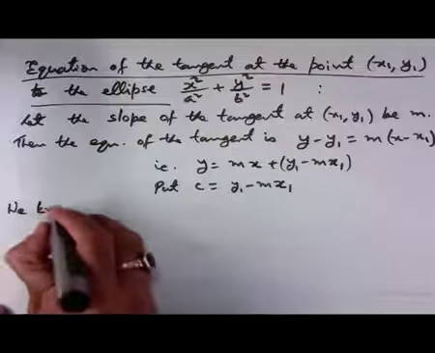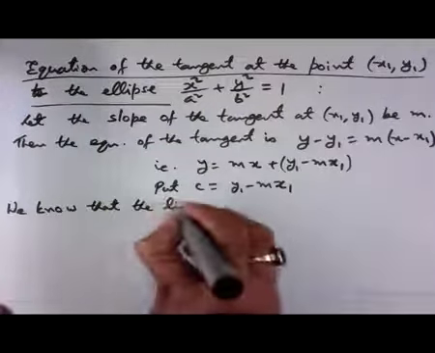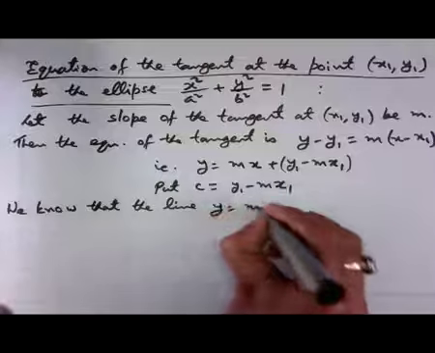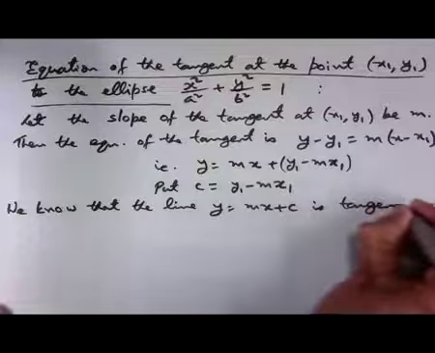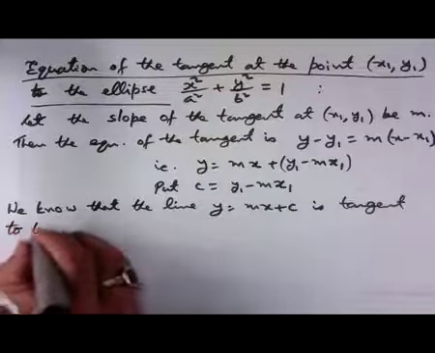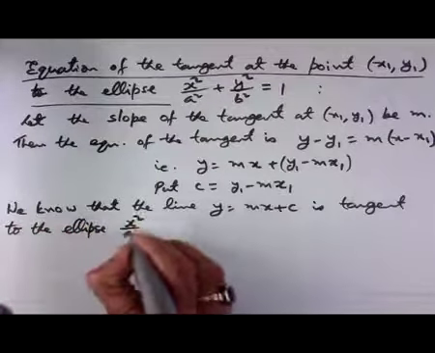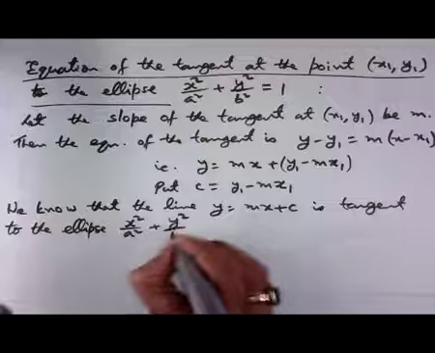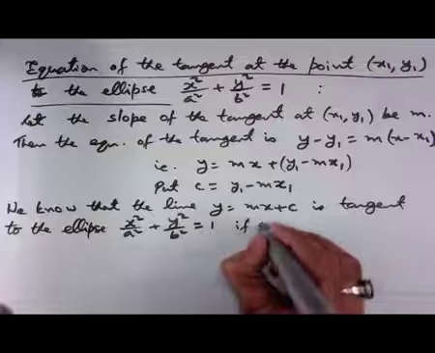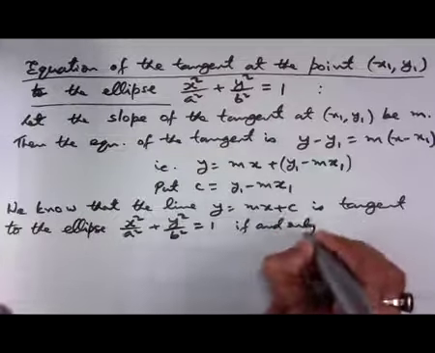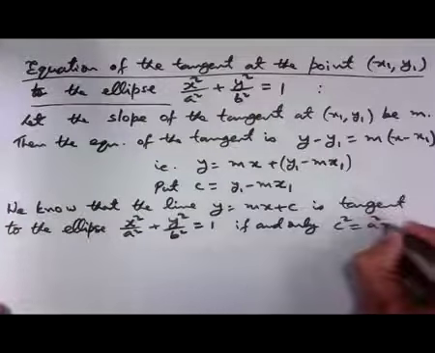So, we know that the line y equal to m x plus c is tangent to the ellipse x square by a square plus y square by b square equal to 1 if and only if c square is equal to a square m square plus b square.